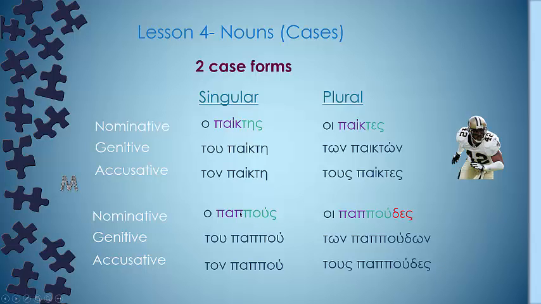As you can see here, ο παππούς has two syllables, and οι παππούδες has three syllables. Now, the endings are different, of course, but there is a subcategorization regarding those nouns.